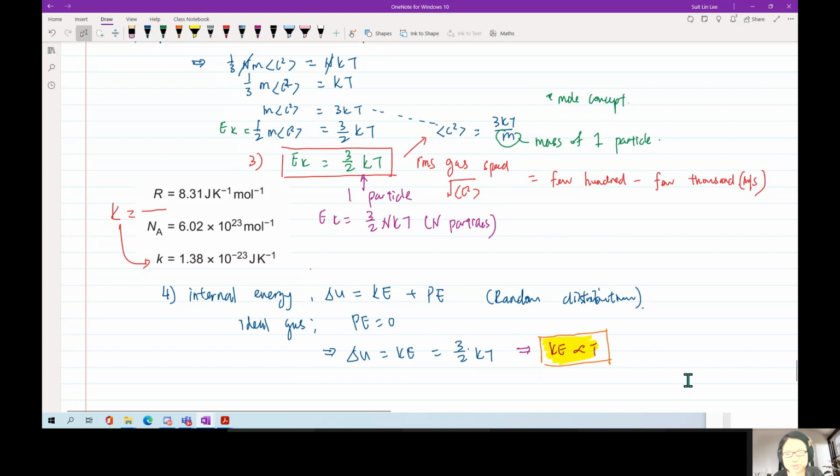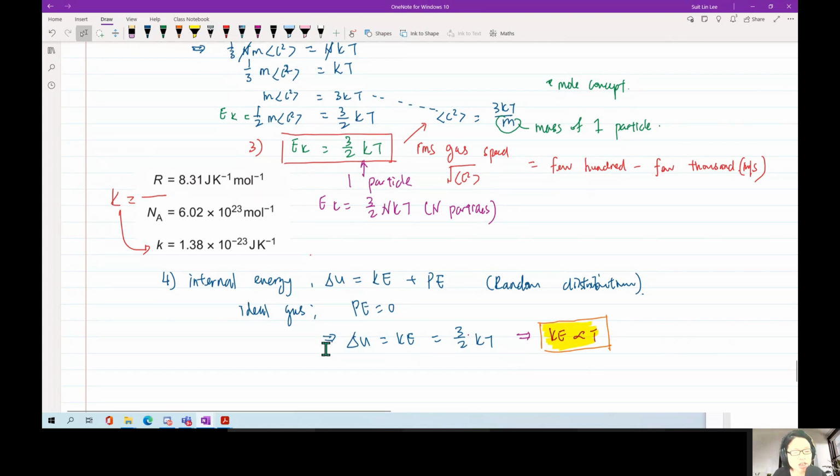Kinetic energy is proportional to temperature. Even if there's potential energy, when you change the kinetic energy, you change the temperature, you change the whole energy of the substance. Sometimes you change the state, sometimes by weakening or breaking the bond. Sometimes you change the vibration by increasing the temperature. So this is what happens when we zoom in, when we heat up the water, or when I put ice in my coffee.